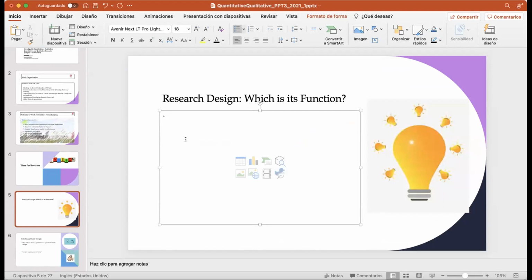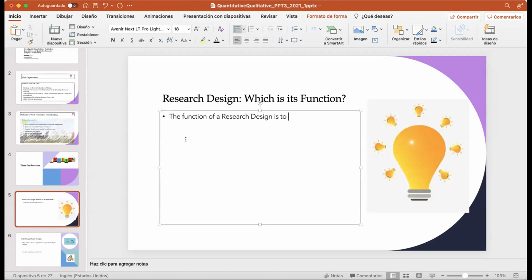I think the research design, the function is the direction with the investigation.